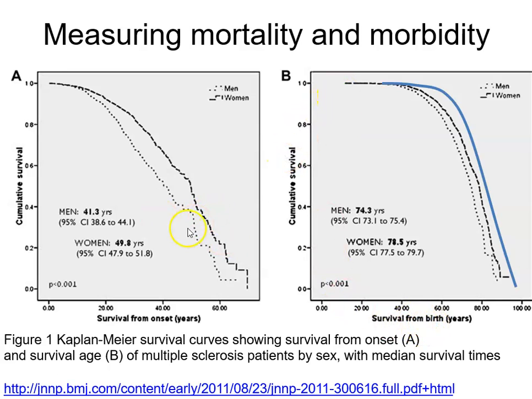So it's using this data to extrapolate what is the likely age of death, irrespective of when you are diagnosed from this particular disease. And what I've added on there is this extra blue line, which is the curve for the general population, for this particular population. So you can see the expected shortening is this many years for women and this many years for men.